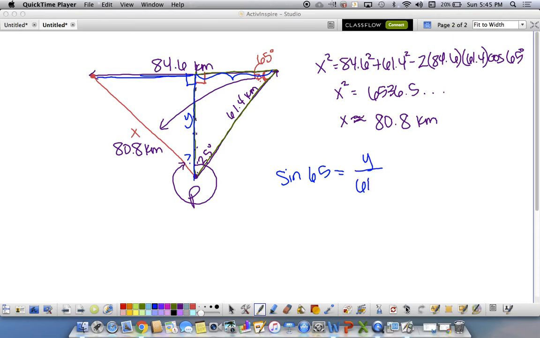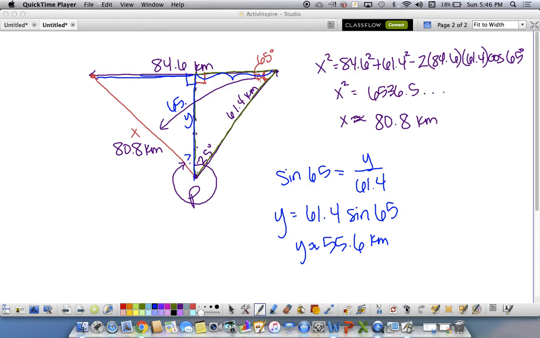Since it's a right triangle, y equals, cross multiplying, 61.4 sine 65. Now I'm going to plug that in my calculator. Y is approximately 55.6 kilometers. So that is my height.